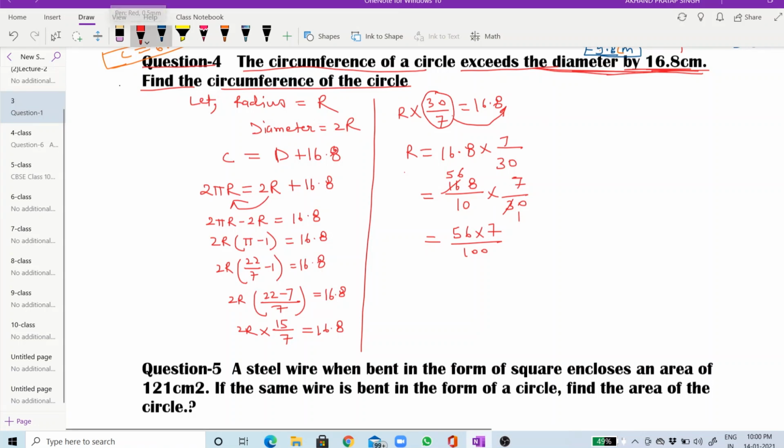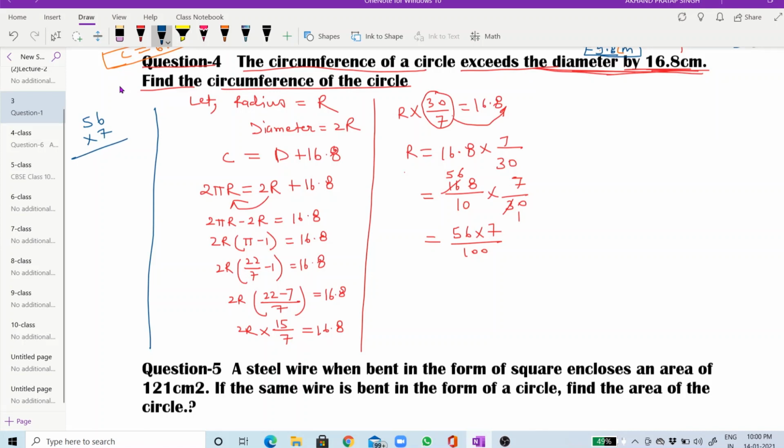So take rough work here. 56 into 7. 7 6s are 42, 2 and 4 carry. 7 5s are 35 plus 4 is 39.